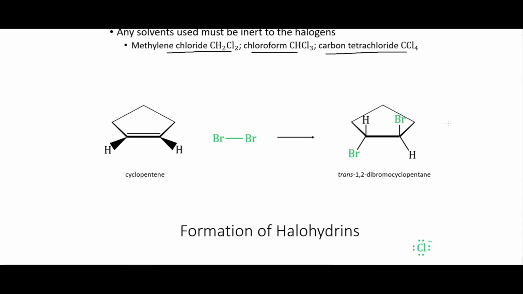Because of that anti-addition, if we have something that looks like this, with a rigid bond so that it's held in place, we can't just swivel around that newly formed single bond. So with something like a cyclopentene, we're going to end up with the trans version of it, because one of the bromines will get added to either the top or the bottom, and then the other one will get added from the opposite direction.